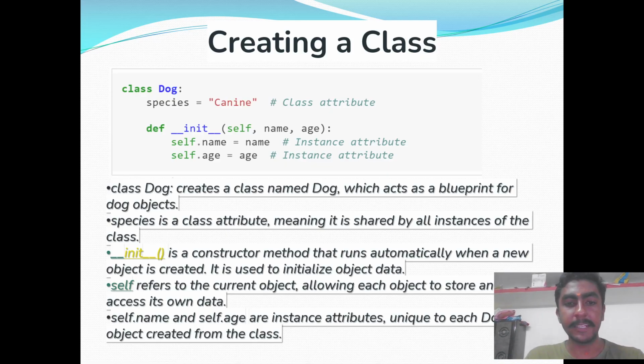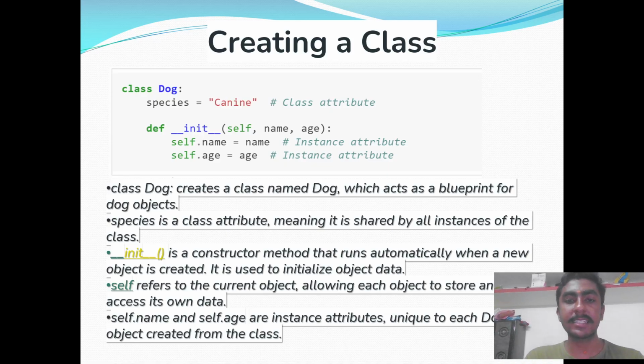What does this mean? A class attribute belongs to the class itself. It is shared by every object created from the class. So every dog object will have the same species name. Instead of storing this information again and again inside every object, we store it once inside the class.